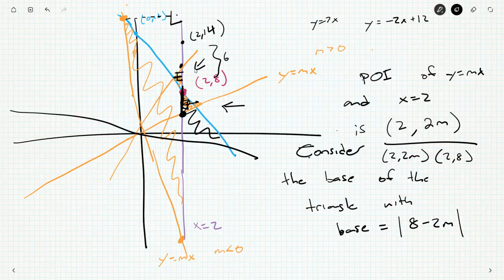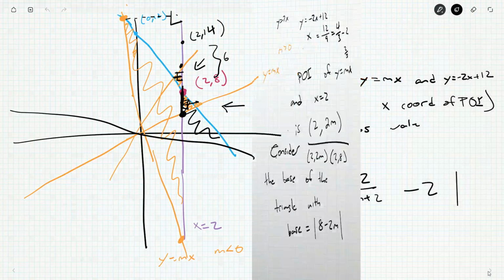It would be x is 12 over m plus 2, so 12 over 9, so it'd be 4/3. 4/3 minus 2, 2/3 is the distance. 2/3 times 6 is 12 over 3, which is 4. Divide that in half because you get a triangle. Okay, it works out. And I assume the same thing works with 2.